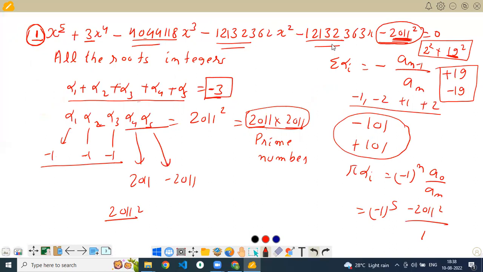You'll not be able to figure out that plus 2011 and minus 2011 are the roots of this equation if you don't understand that when a_n is 1 and all the roots are integers, then all the roots will be factors of this number.